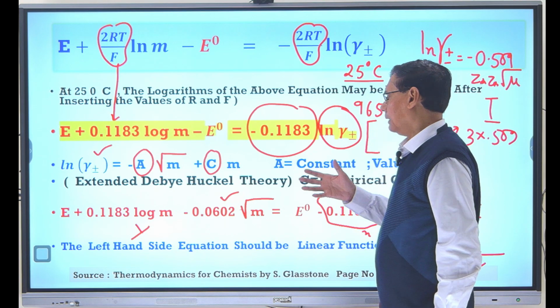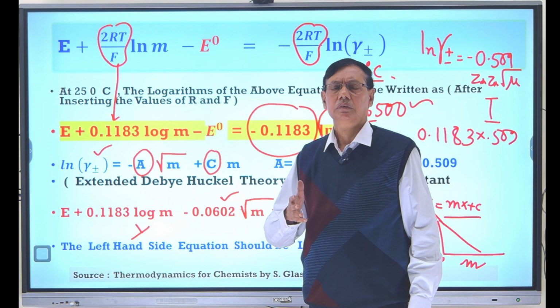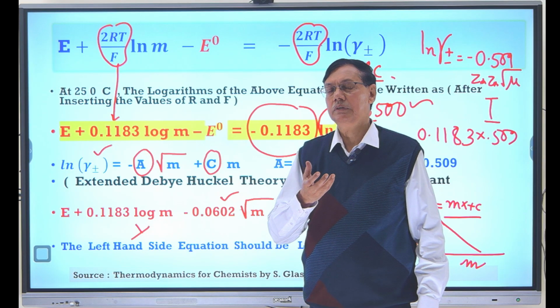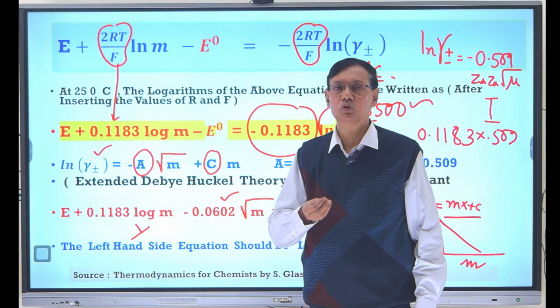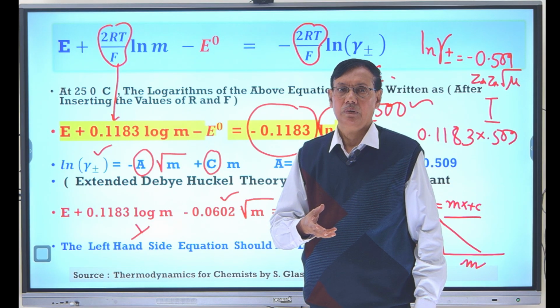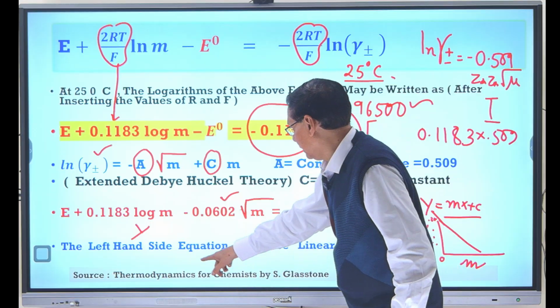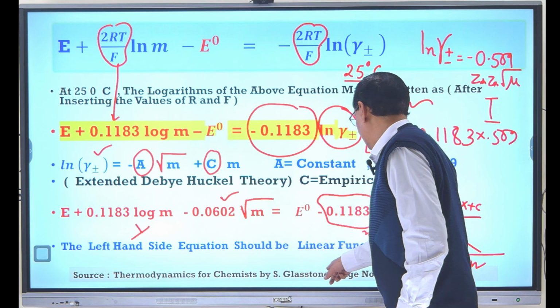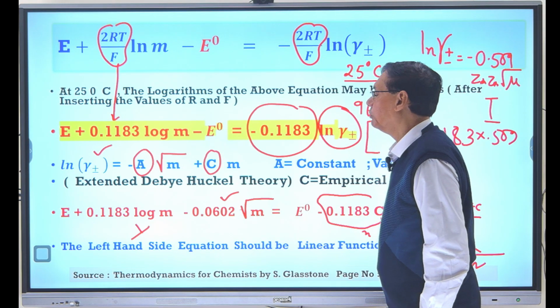And for hydrochloric acid, the value of E0, if I am not wrong, is 0.224 volt, and it is given in these books. I have given the source, Thermodynamics for Chemists by S. Glasstone, page number 394.